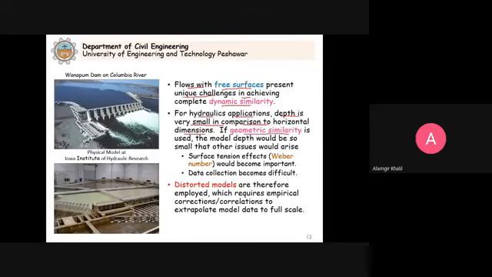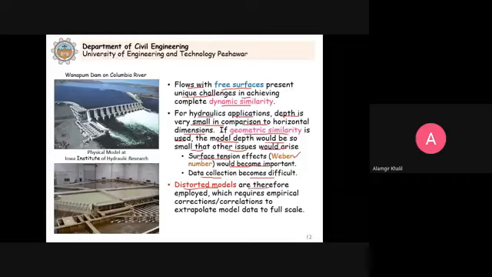If geometric similarity is used, as we already discussed in detail, the model depth would be so small that other issues would arise. For example, surface tension effects would become important. And then in that case, you have to consider the Weber number, otherwise the results will be in error. And also this will make data collection difficult. So what is the solution? That we use distorted models.